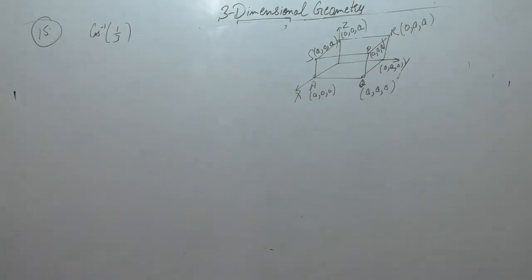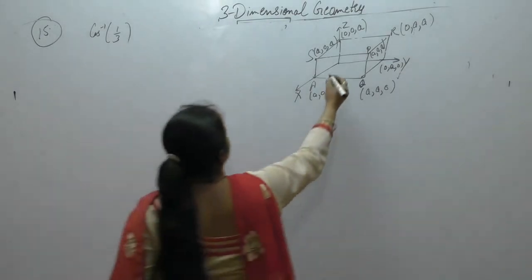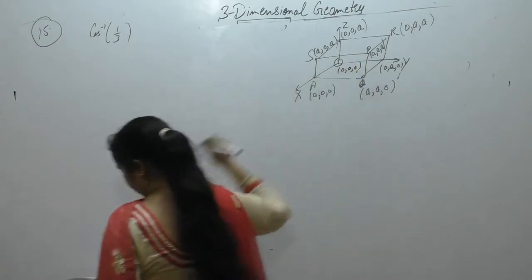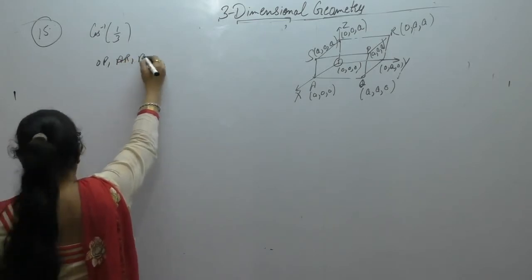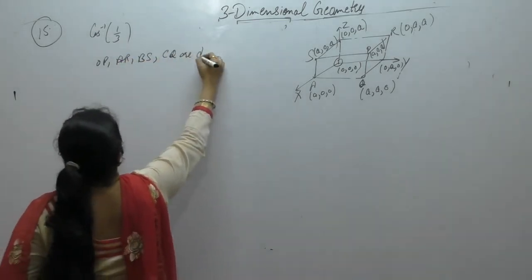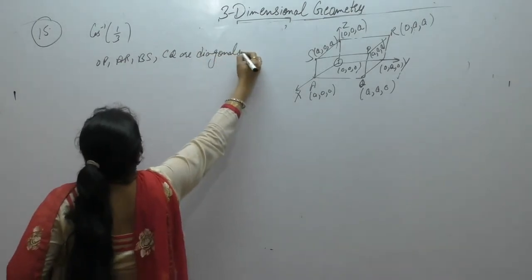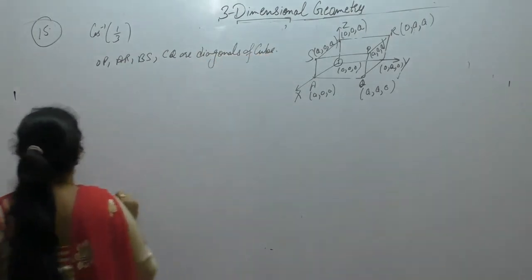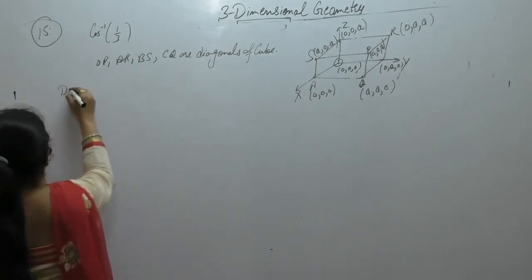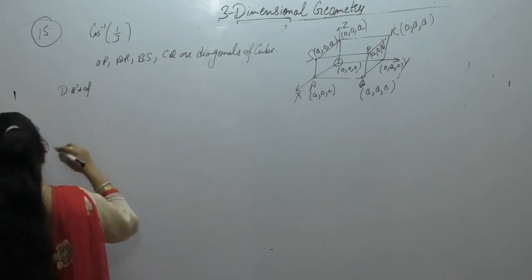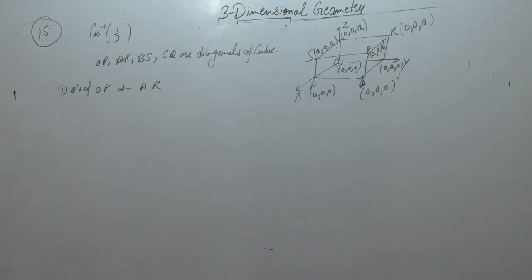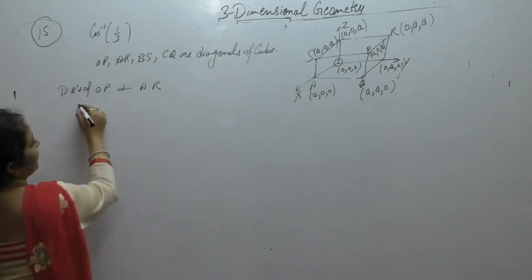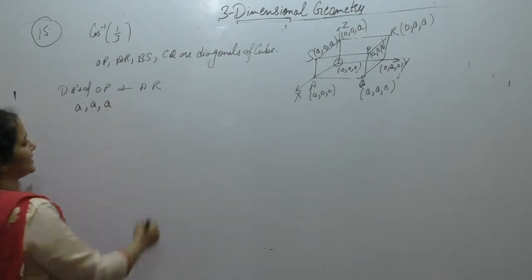Now write down: let a be the length of the edge of the cube and let one corner be at the origin. OP, AR, BS and CQ are diagonals of the cube. The direction ratios of OP are a minus 0, a minus 0, a minus 0.